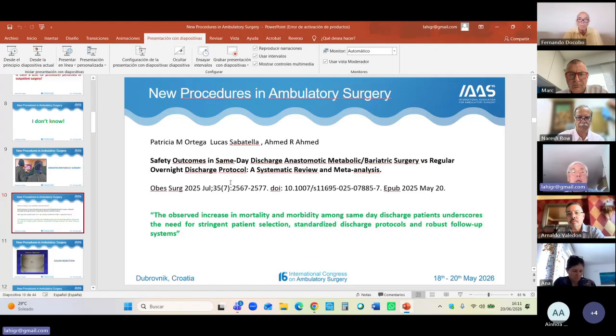The conclusions of the article are the observed increase in mortality and morbidity among same-day patients underscores the need for stringent patient selection, standardized discharge protocols, and robust follow-up systems. This is essential for patient safety, and note the importance of selection of the patients.